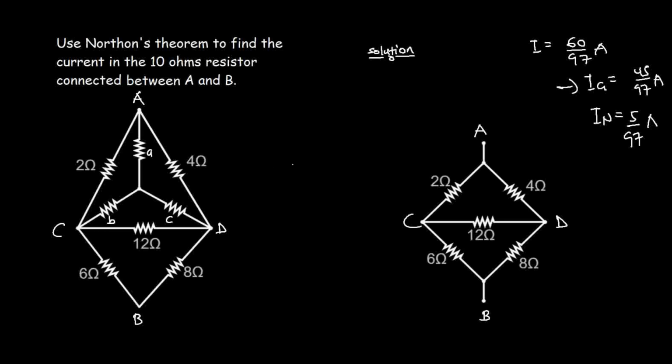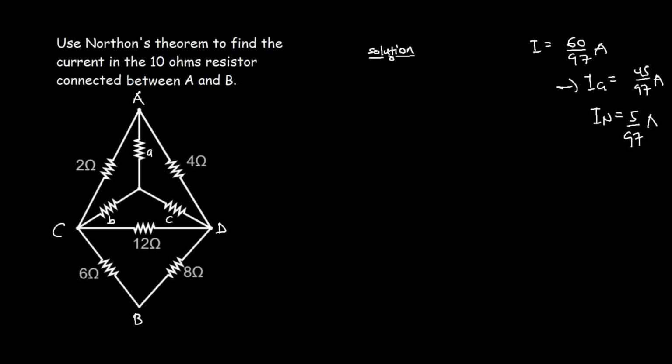To do this, you are going to change the delta network to a star network. So let's look at how you are going to do this. You need to find the resistance A, B, and then C. To find resistance A, that will be equal to 2 times 4.